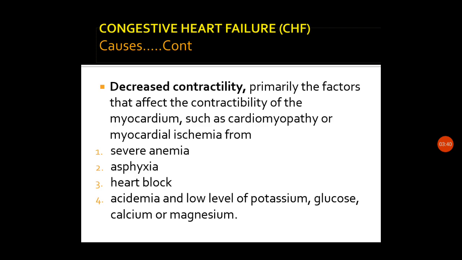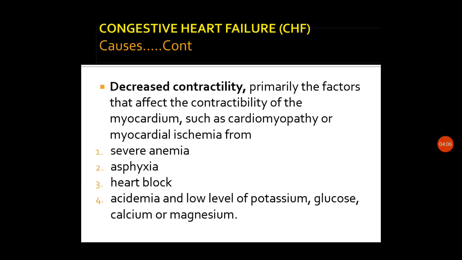The next one is decreased contractility. These are primarily factors that affect the contractility of the myocardium, such as cardiomyopathy or myocardial ischemia. Coronary artery disease can lead to myocardial ischemia in adults.